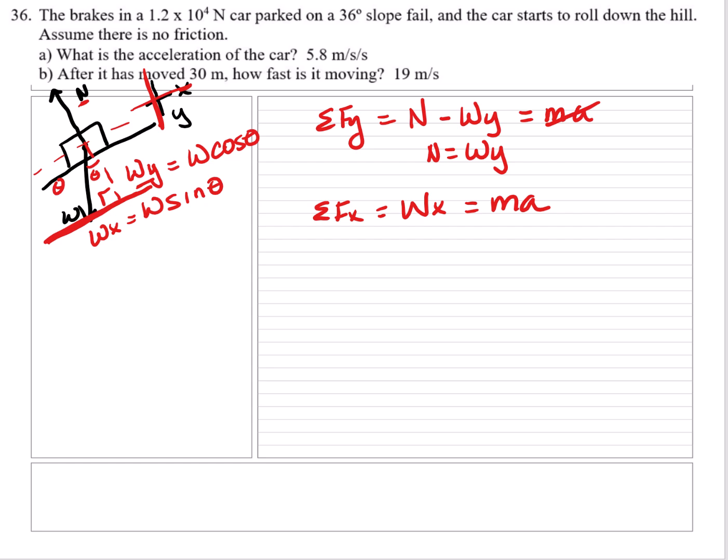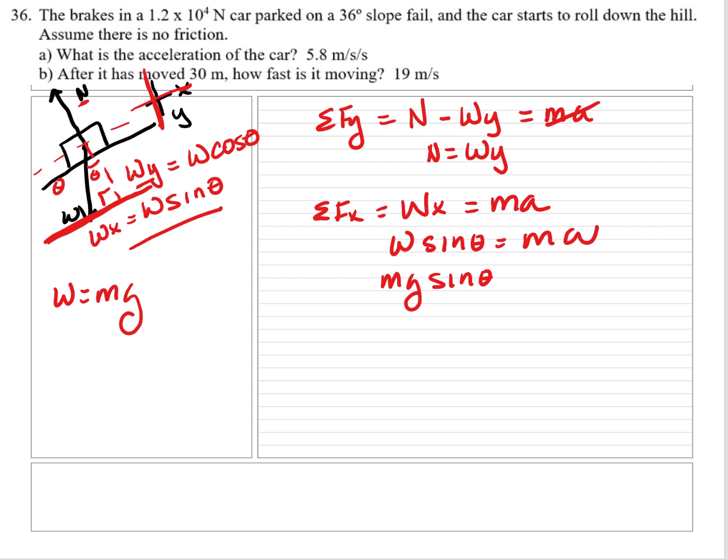So we're going to substitute in for part A. To find the acceleration, we already know Wx. Wx is W sine theta from here. This is equal to ma. W, remember, is equal to mass times gravity. So this is mg sine theta equals ma.